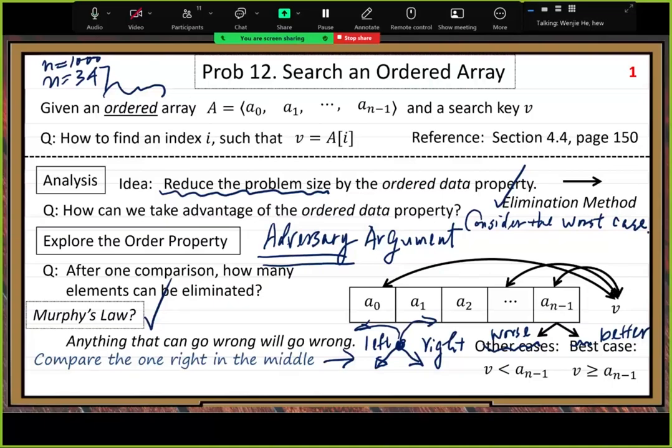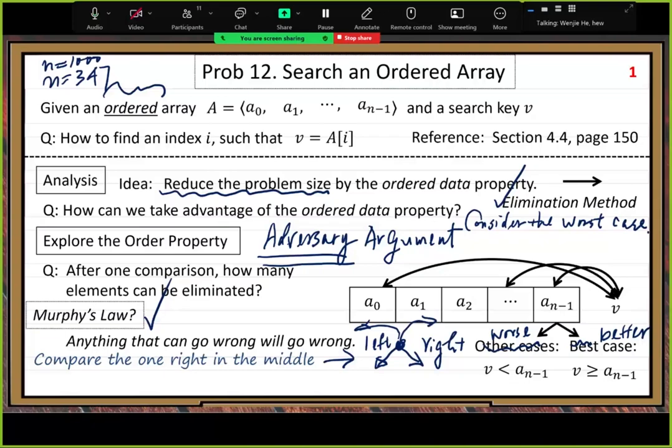Your adversary will tell you to go to the larger branch, because when you go in that direction, you eliminate the shorter branch, so you eliminate fewer elements. So that's another way of thinking you can use in problem solving: the adversary argument.